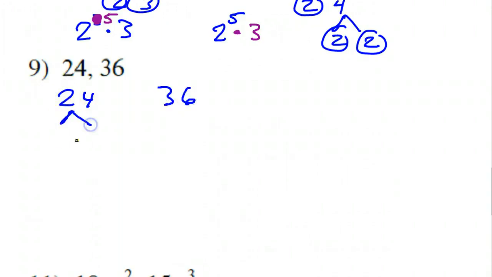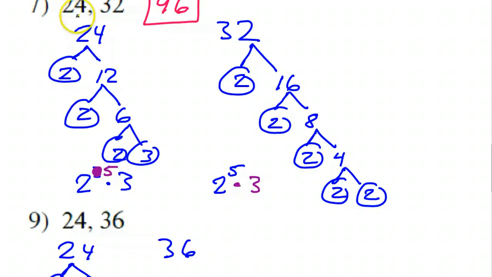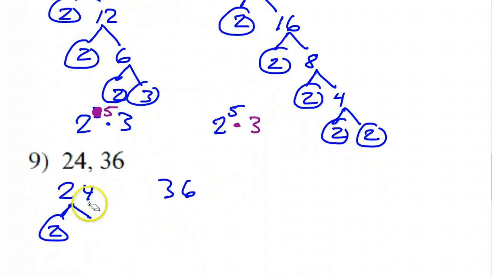Okay, we already did 24. The prime factorization was 2 to the 3rd power times 3. So I don't need to redo that over and over again.